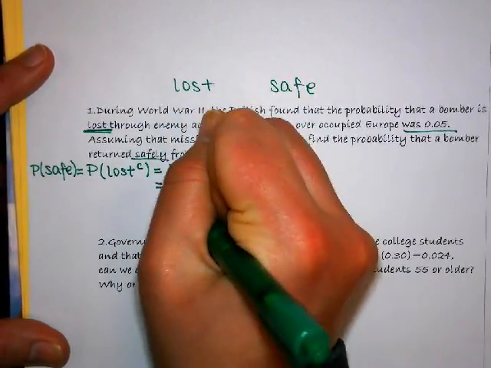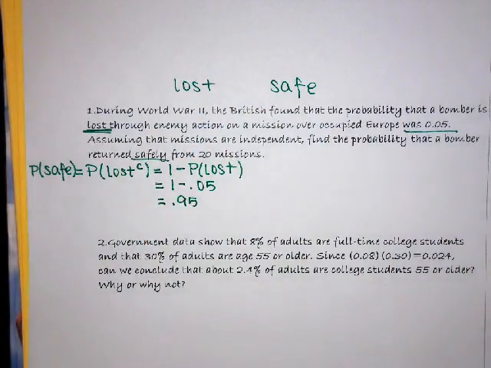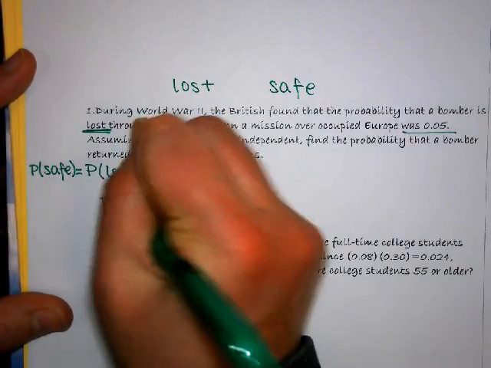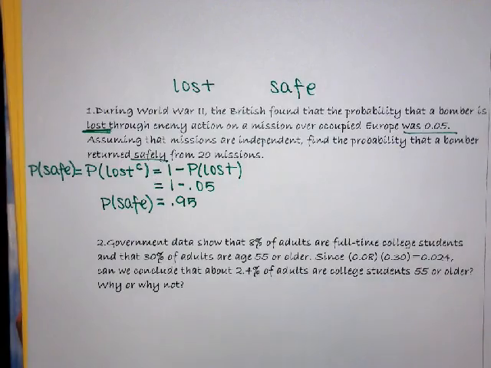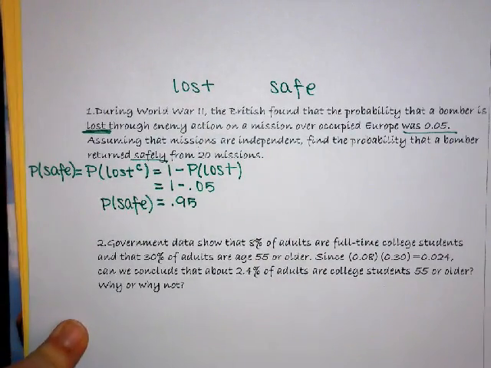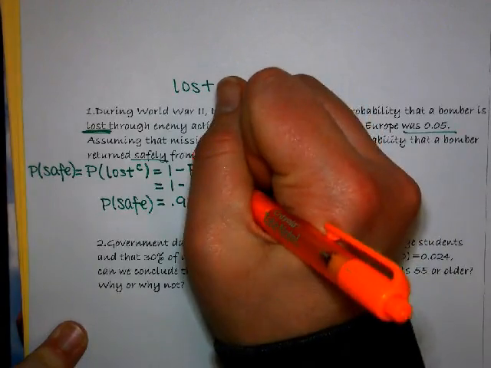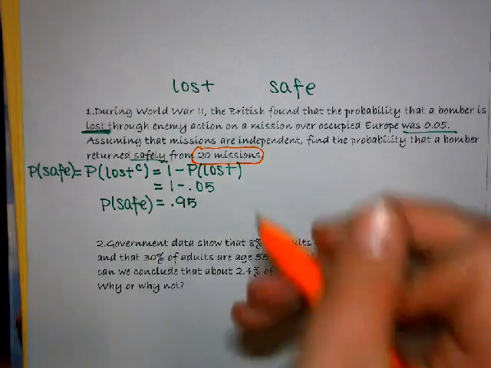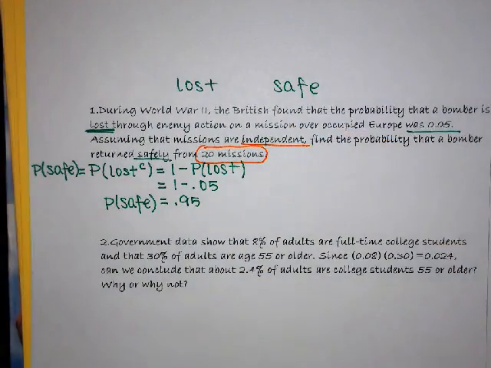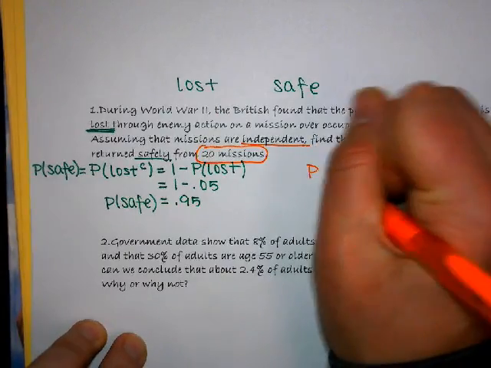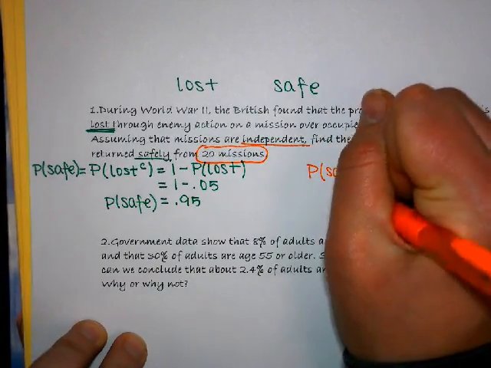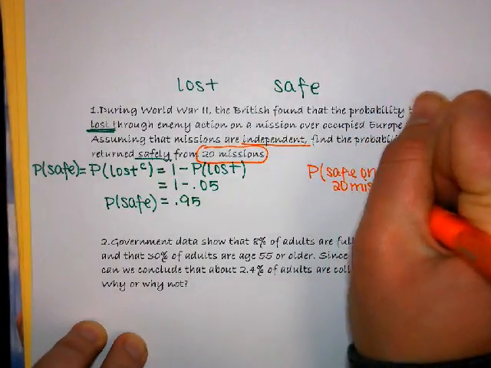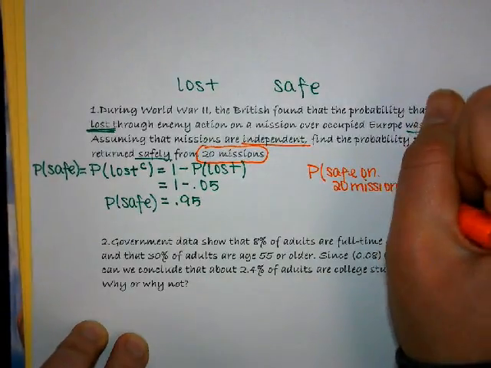Now we want to know the probability they return safely from 20 missions. So we're going to use what we just did before, because they tell us that we can assume missions are independent. So the probability that they're safe on 20 missions would be the probability they're safe on the first mission times the probability they're safe on the second, which would still be 0.95, 20 times.